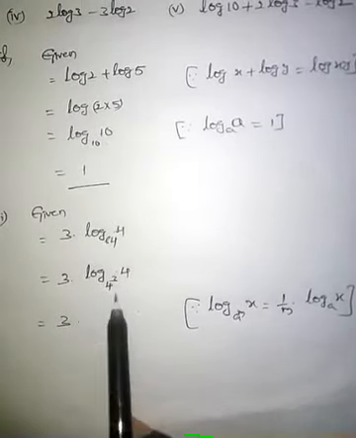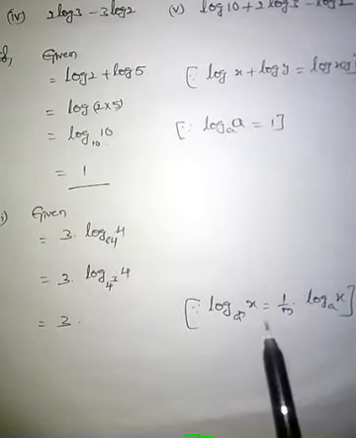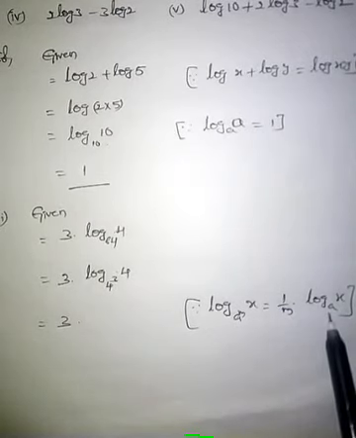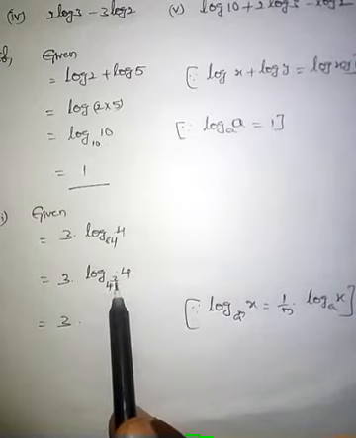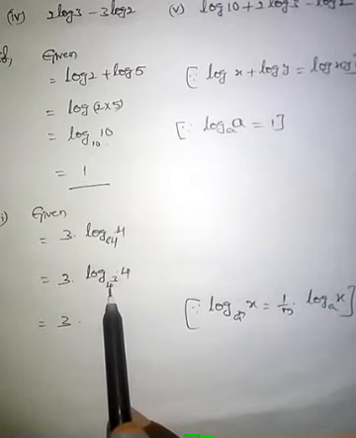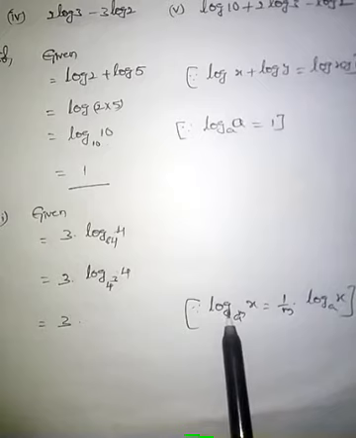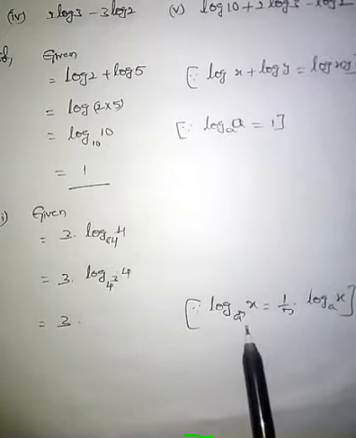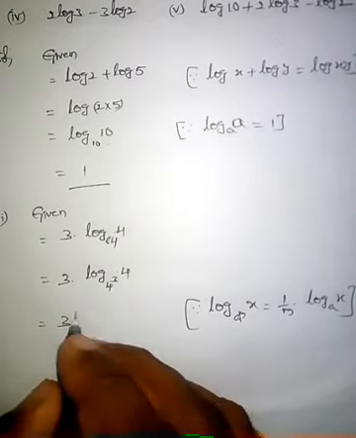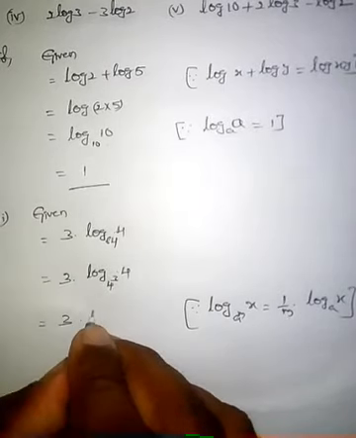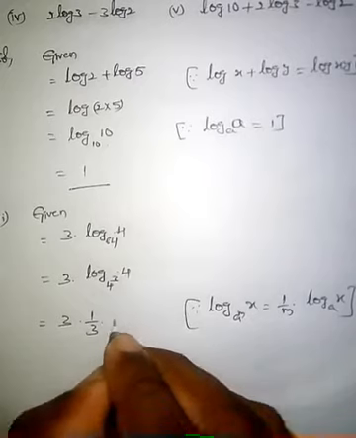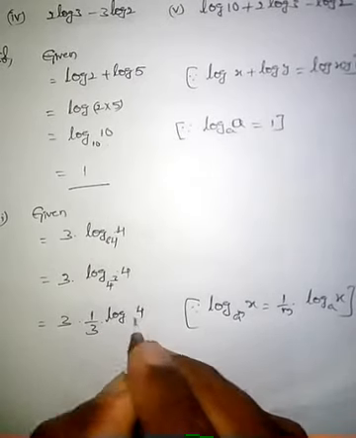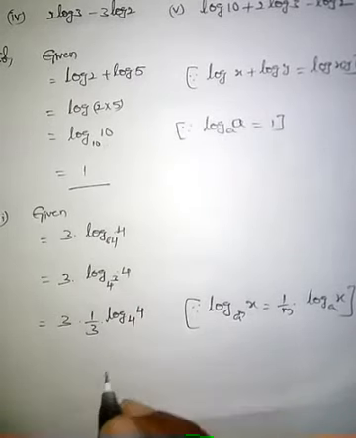Now this is in the form of log x to the base a power m, so you can write 1 by m into log x to the base a. So what is x here? 4. a means 4, m means 3. So compare the values here with the formula. You can write 1 by m, that is 1 by 3 into log 4 to the base 4.